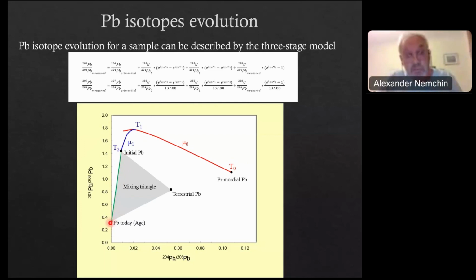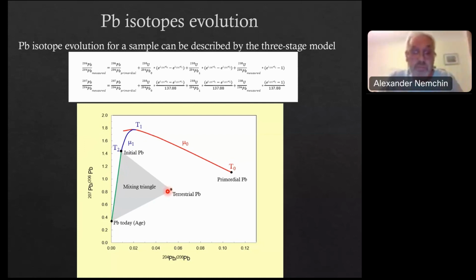If some of the materials within our sample, some minerals or phases, have a little bit of contribution of initial lead, they will be pulled up along the green line. And of course, there is contamination. No matter how careful we are in sample preparation, no matter how careful we are with cleaning of the samples, we still cannot completely eliminate the possibility of terrestrial contamination.